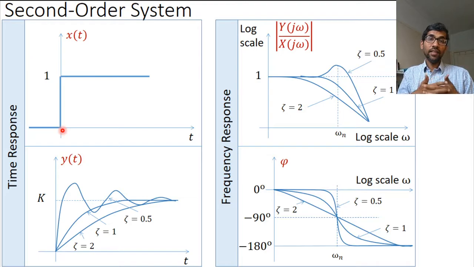Similarly, in this case, depending on the natural frequency and depending on the damping ratio, you can have different kinds of response. If the damping ratio is above 1, what we have is a response that looks very much like the first order response. You have a slow rise and a settling down at its final value. If the damping ratio is equal to 1, the same thing happens, but it is faster. This is the fastest first order like response that you can get here.